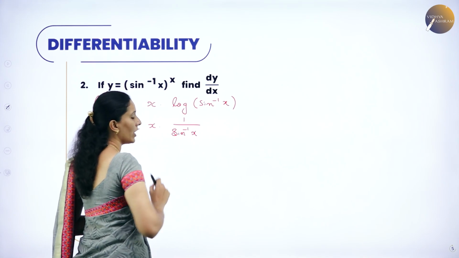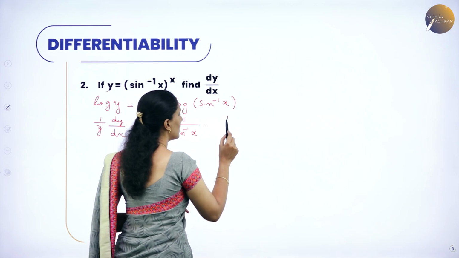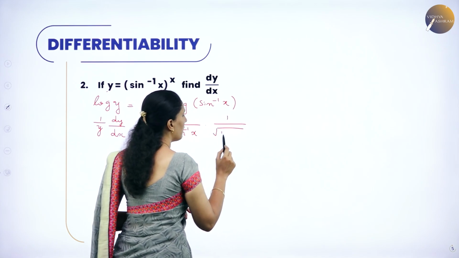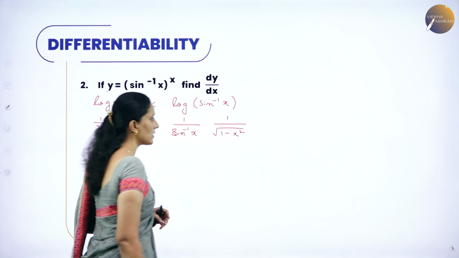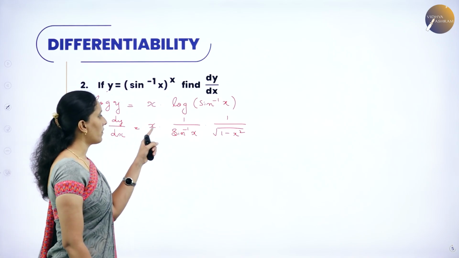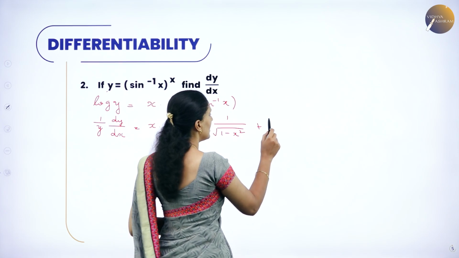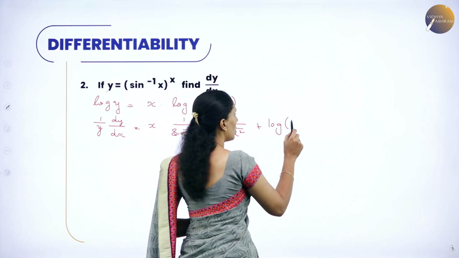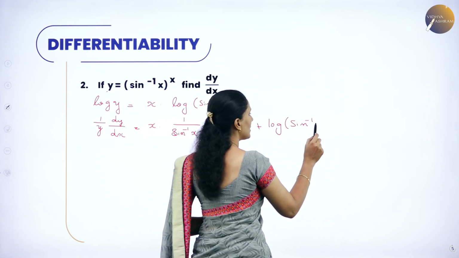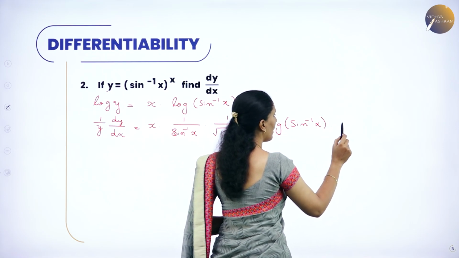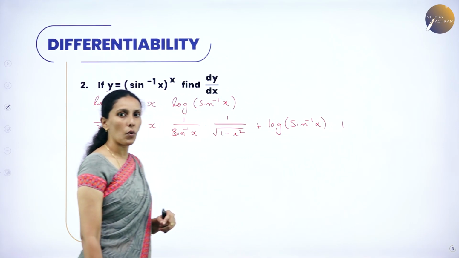Again when you differentiate sin inverse x, it is 1 over root of 1 minus x square. Now it is done. So first function into derivative of the second plus second function, that is log of sin inverse x, into derivative of the first, which is 1.